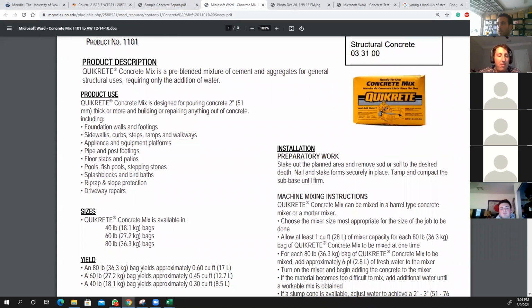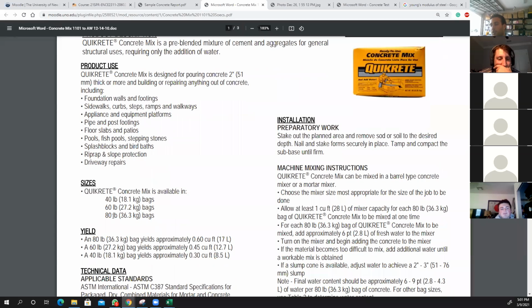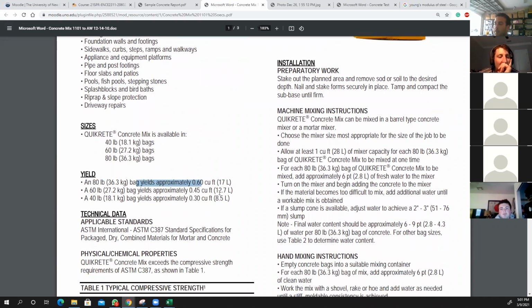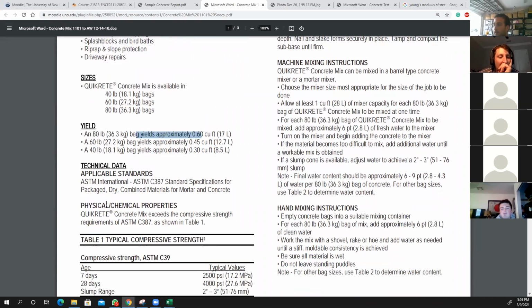Product use is for foundation walls, footings, sidewalks, curbs, steps, ramps, and walkways. You can find this for 40 pounds, 60 pounds, 80 pounds bags, and we use the 80 pounds, and it tells you the yield. 80 pounds bag yields approximately 0.6 cubic feet. That's how much you get again.